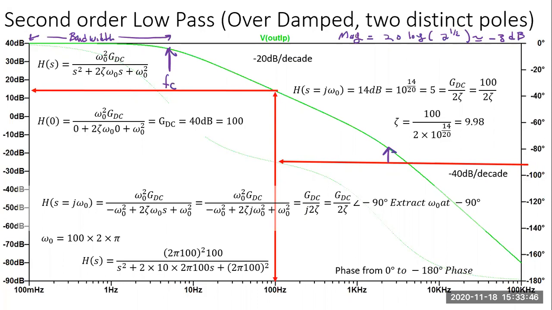And that is just, you could call it an industry standard, right? That's the definition. And so somewhere in here is a minus 3 dB point, and that would be the cutoff frequency. But notice omega naught is actually here.